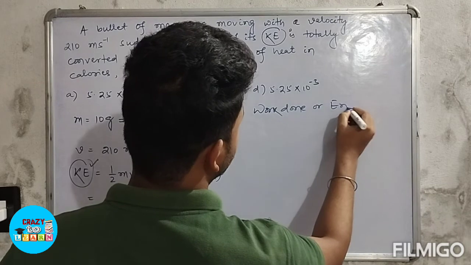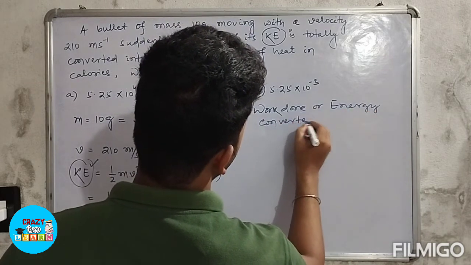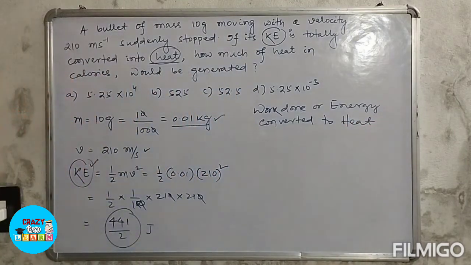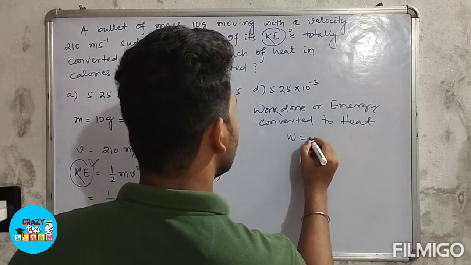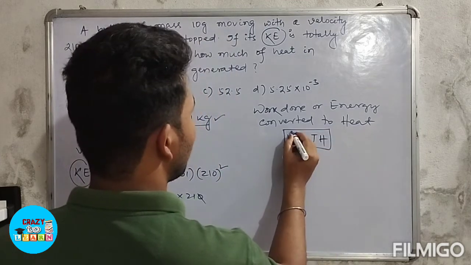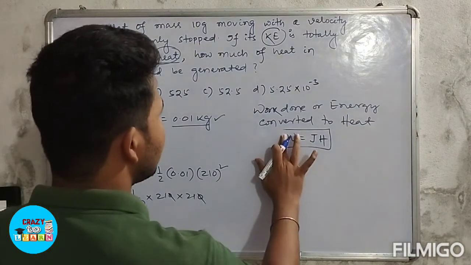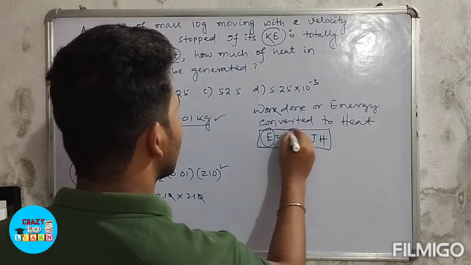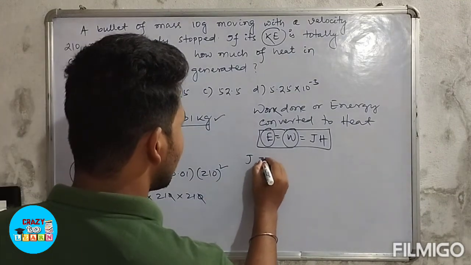When the work done or energy is converted to heat, in that case we have to use the formula W is equal to J into H, where W is the amount of work done or energy you can take. Energy or work done is equal to J into H, where J is, what is J?